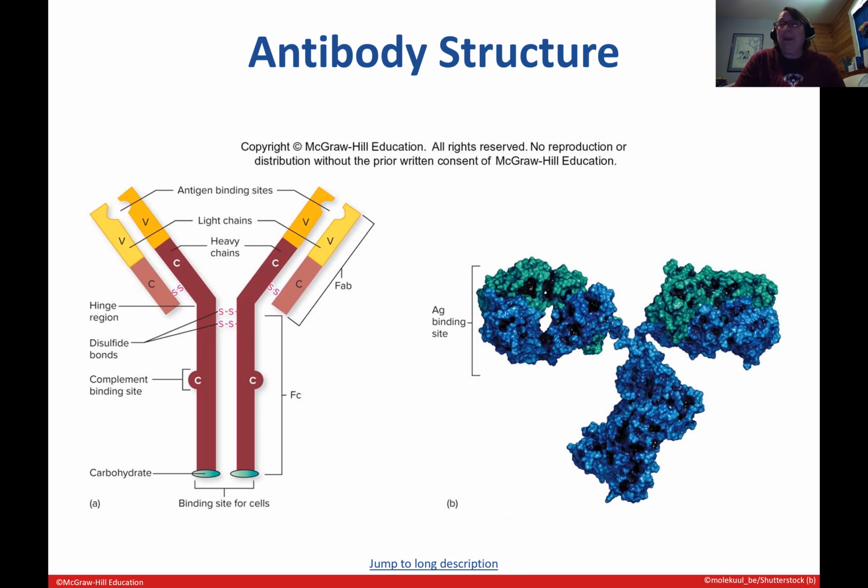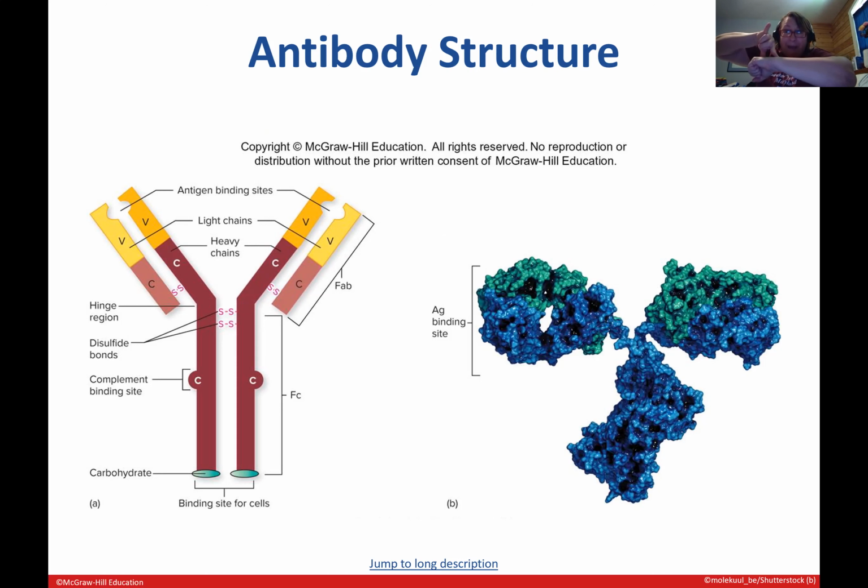So if you have, say, a bacteria coated with antibodies, the antigen-specific part, that Y, is going to attach to the antigen on the bacterial cell wall, and what's sticking up is that constant region. So this is what the macrophage is looking for, and this is what's attached to the actual bacteria, that Y shape.